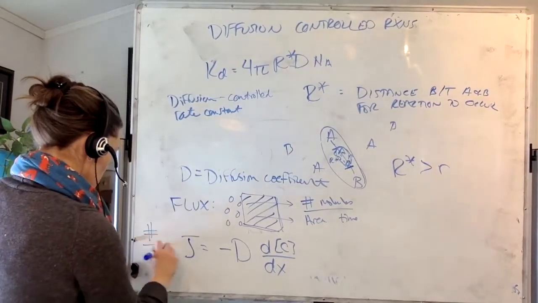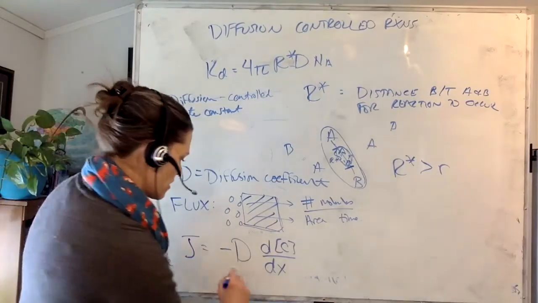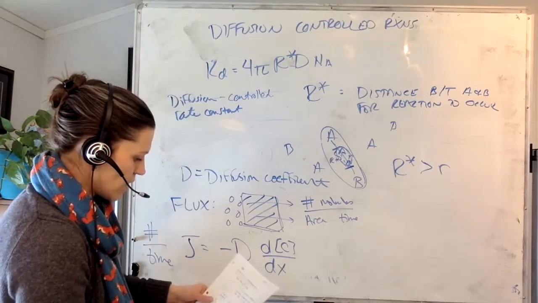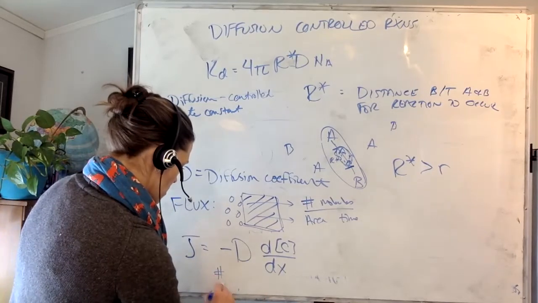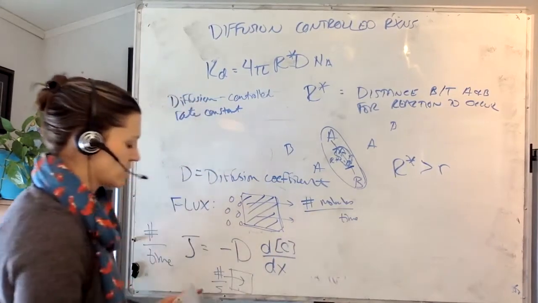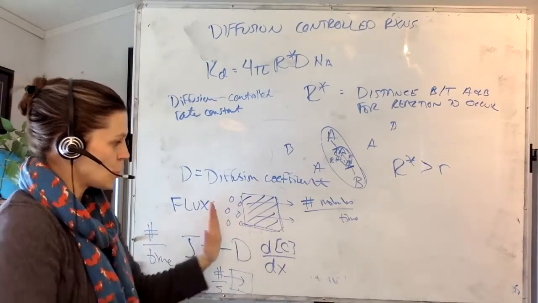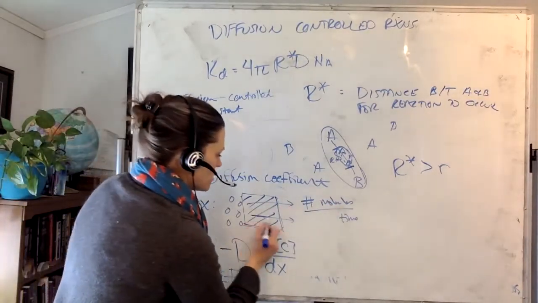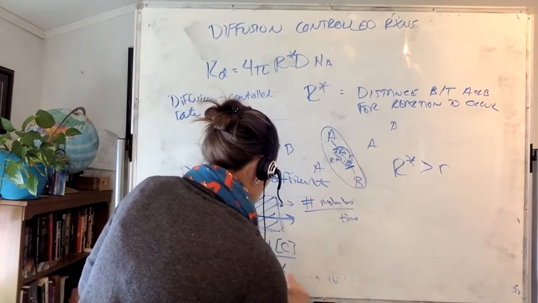The diffusion coefficient is in meters squared per second, and then the change in the concentration is how much the concentration changes across some distance, this dx.